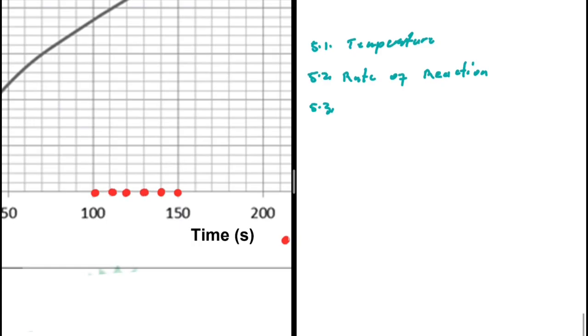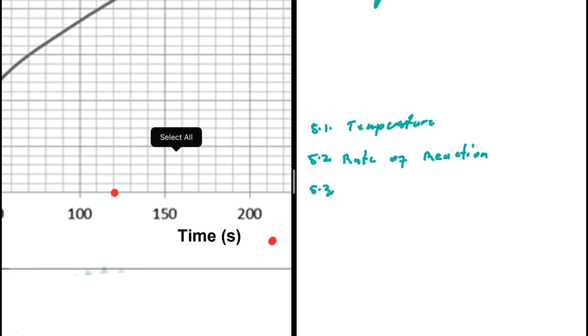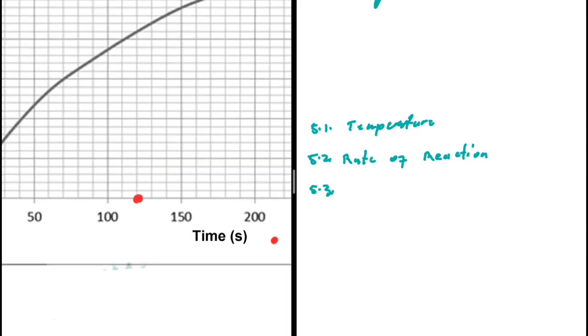So one block represents 10 seconds. So 120 seconds should be here. 2.5 minutes will be 150 seconds, so it's just 2 minutes plus half of a minute, which is 30 seconds. So 120 and 150 seconds.